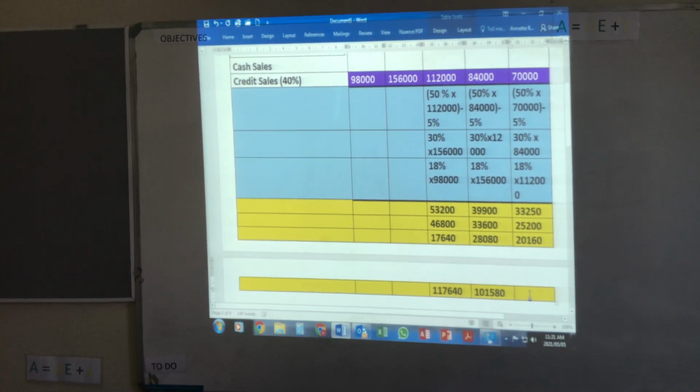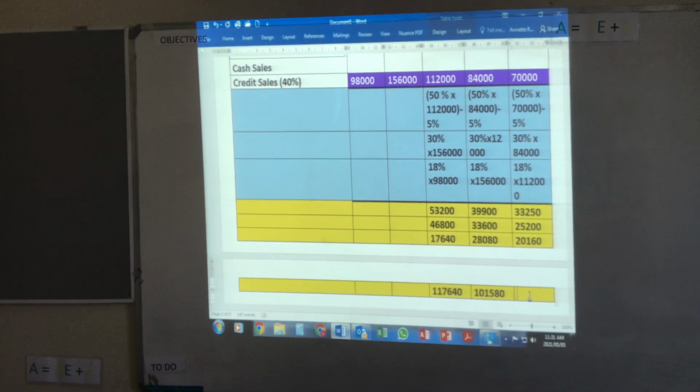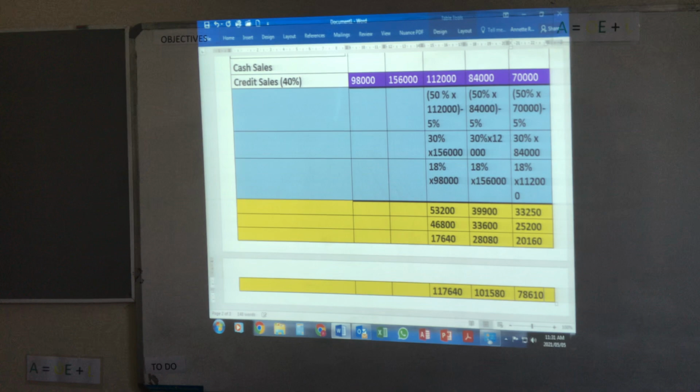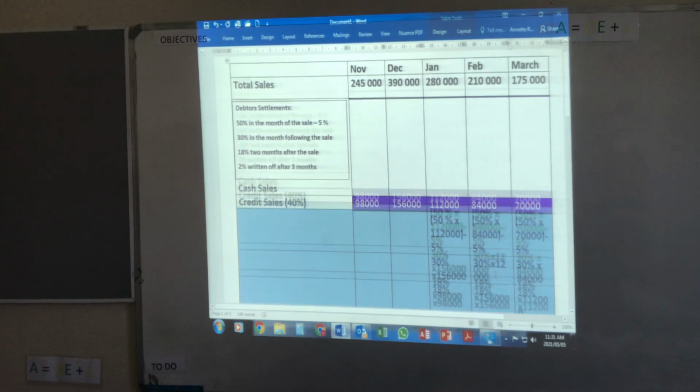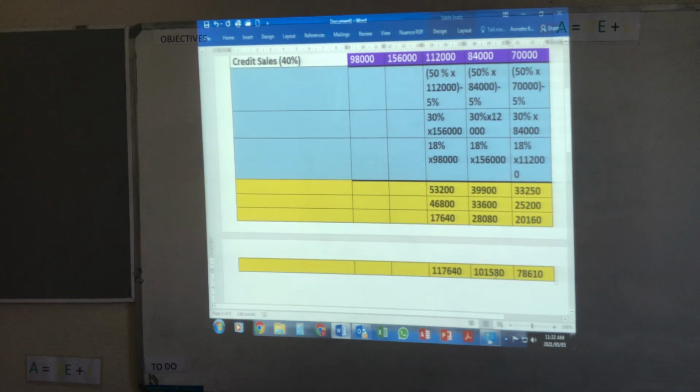And the last one? 78,610. Just give me a second to check. 78,610. So this is our debtors collection. This is explaining to you what the debtors collection is. Any questions?